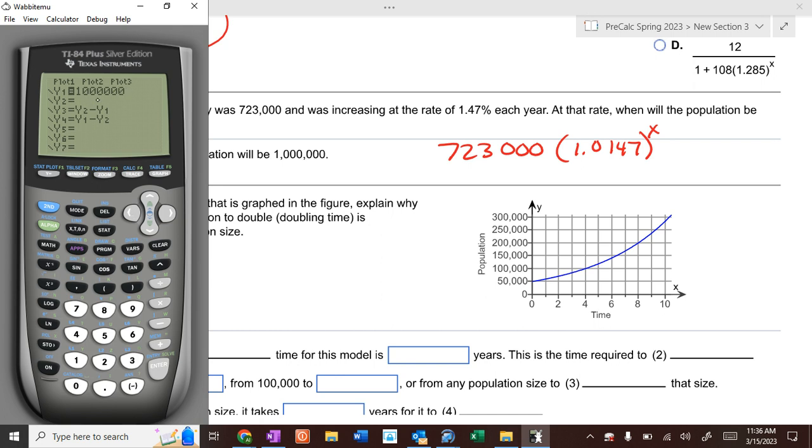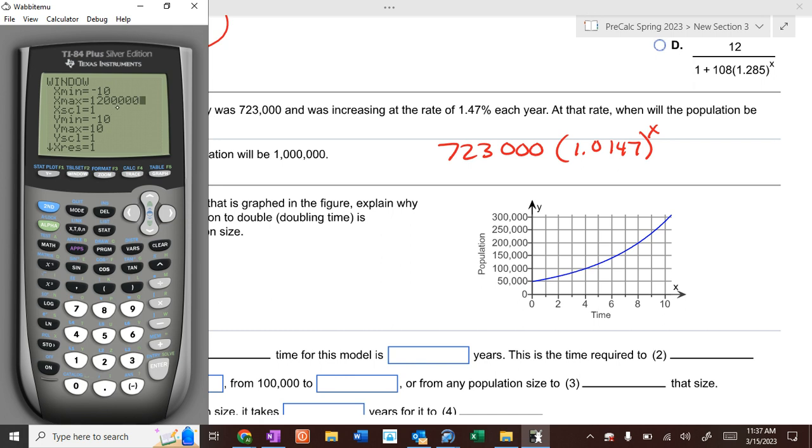Now that's 1 million. And the other one, you put in 723,000 times 1.0147 raised to the x power. And then you change your window. Since this is a million, I'm going to go 1.2 million or 1,200,000.